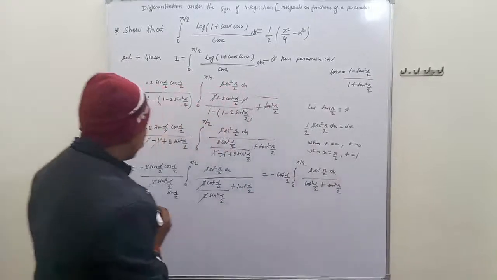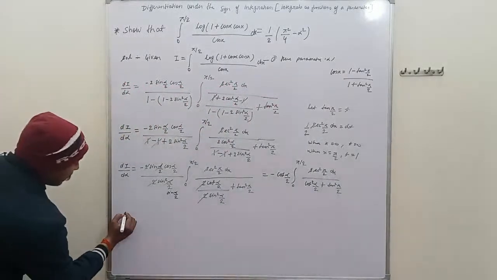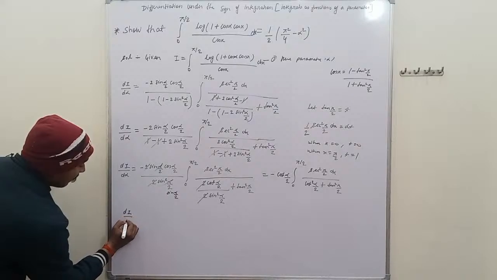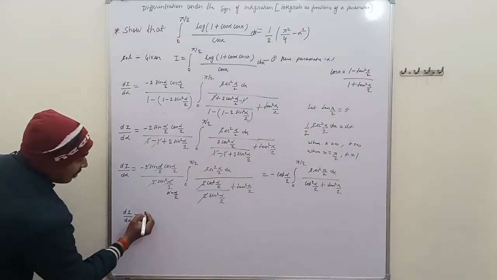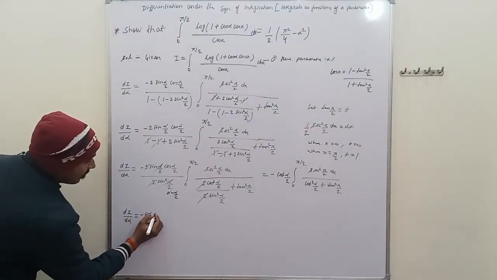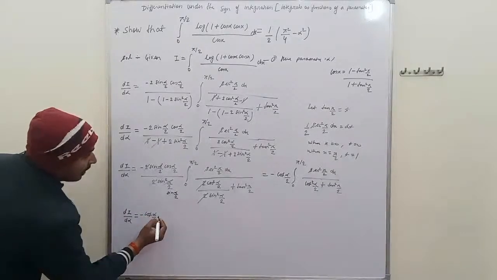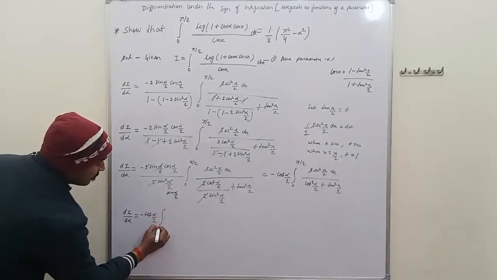So we have to first change the limit here. That is dI by d alpha is equal to minus cot alpha by 2, and the integral limit is 0 to 1.